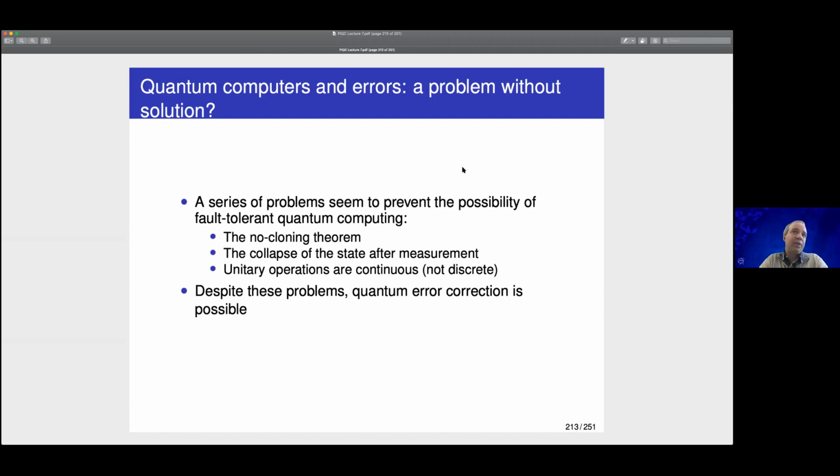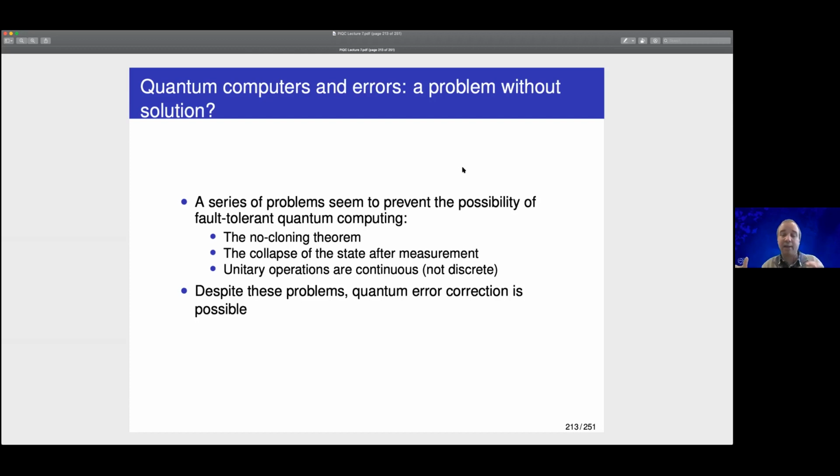Why think that maybe we cannot correct the errors in quantum computing? Well, we have several reasons to think that. For instance, we have the no cloning theorem. So you know that in classical computation, the basis of the main technique that you use in order to correct errors is to have redundancy, so copies of the same information.